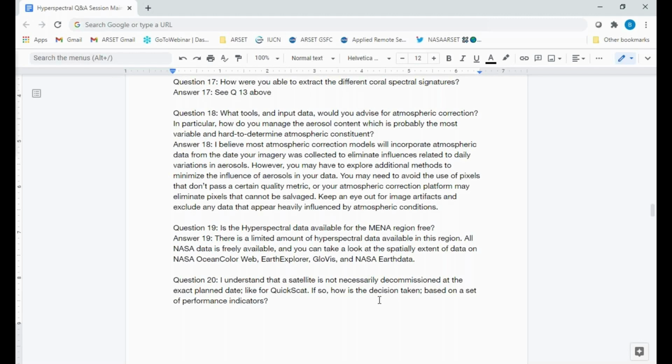However, you may have to explore additional methods to minimize the influence of aerosols in your data. And you may need to avoid the use of some pixels that don't pass a certain quality metric. So keep an eye out for those image artifacts and exclude any data that appear heavily influenced by atmospheric corrections.